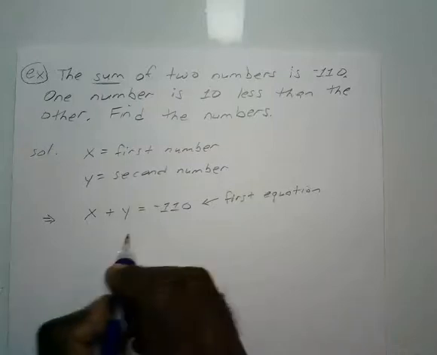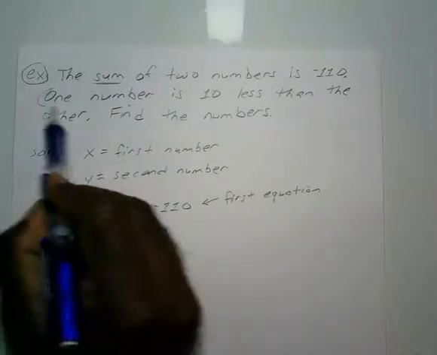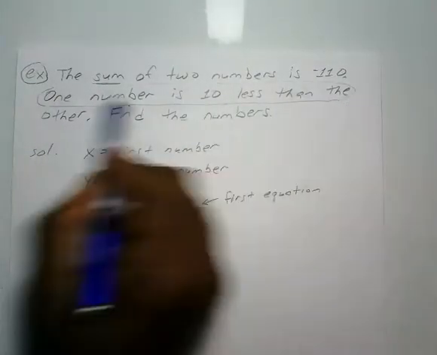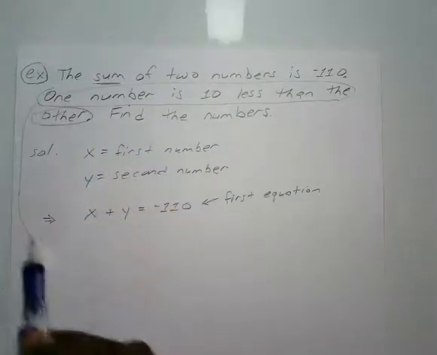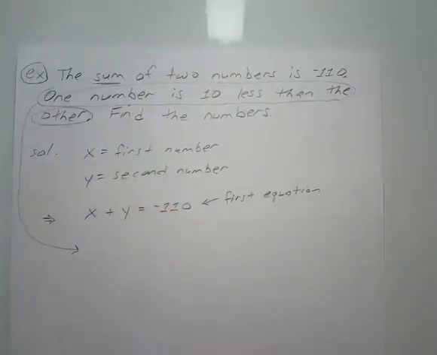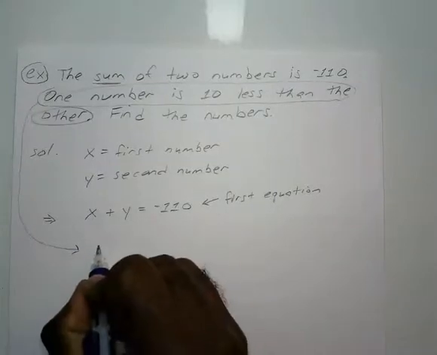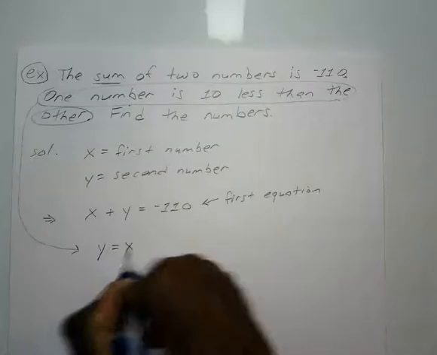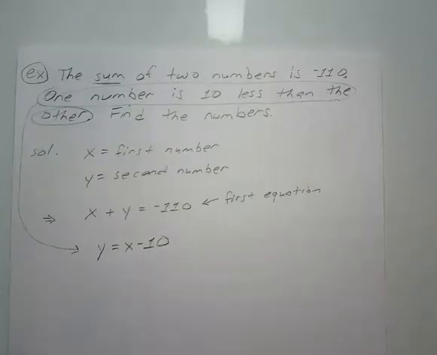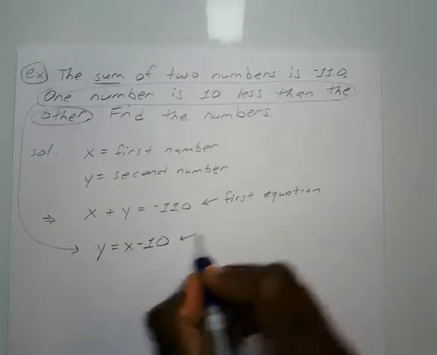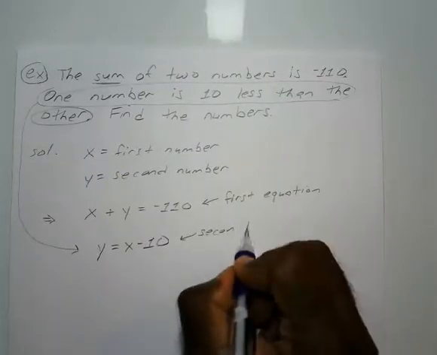For just that section of the sentence, we can let Y equal X minus 10, because 10 less than the other means Y is 10 less than X. So it's equal to X, and then you take 10 away. This is our second equation.